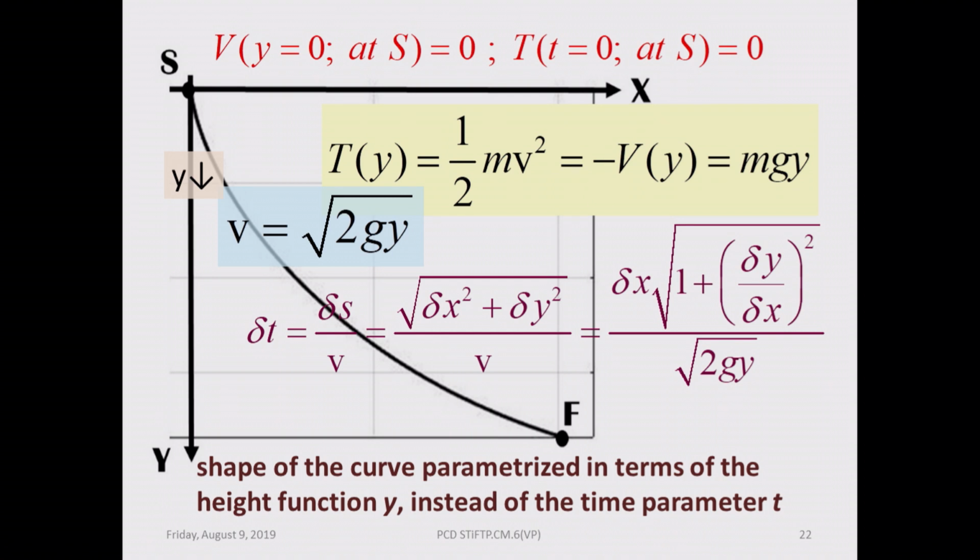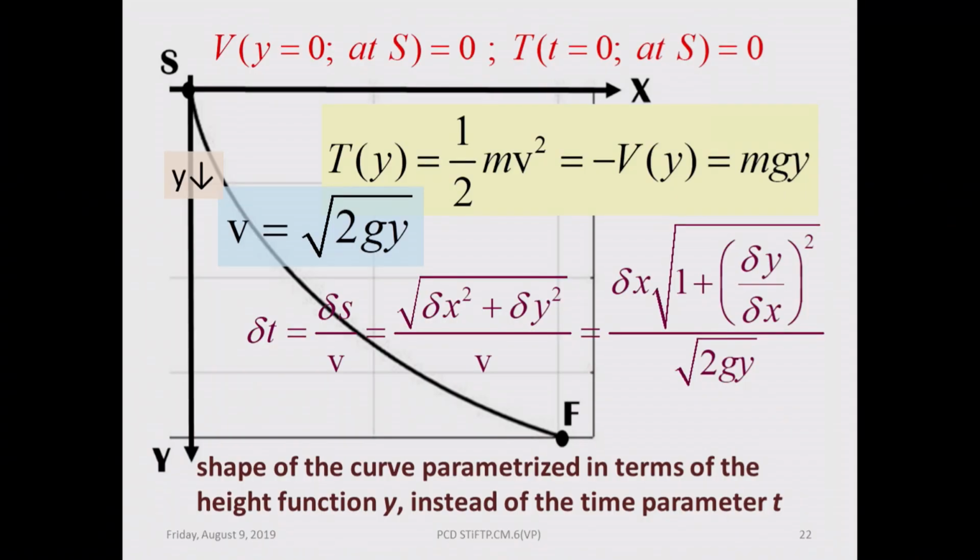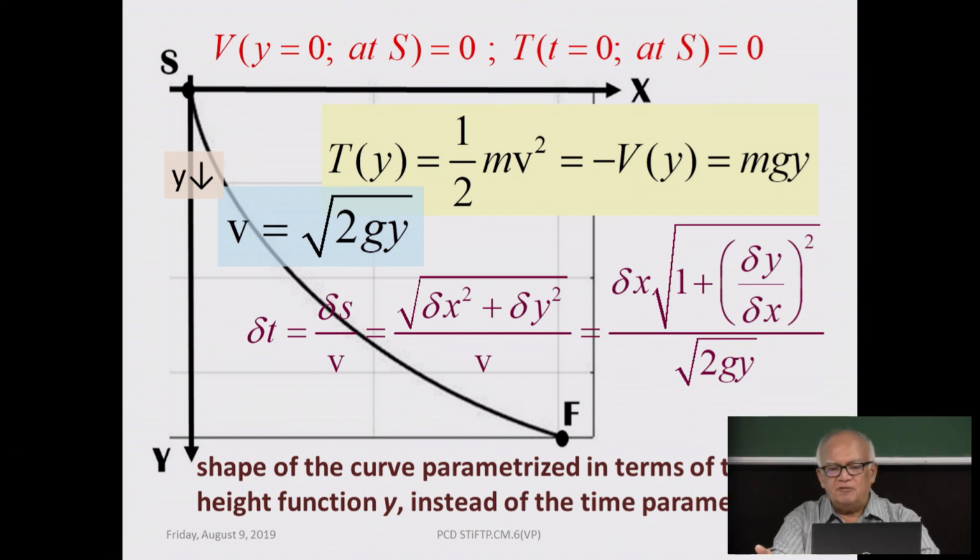Okay, how y changes with x will give you the equation to the actual path. Okay, and then of course you have the velocity in the denominator, which is square root 2gy. So the curve is now parameterized in terms of y, but you wanted to parameterize it in terms of t, but equivalently you have parameterized it in terms of y.